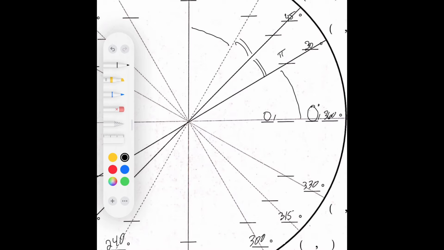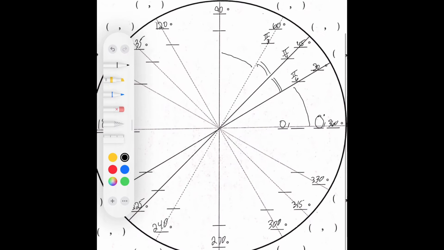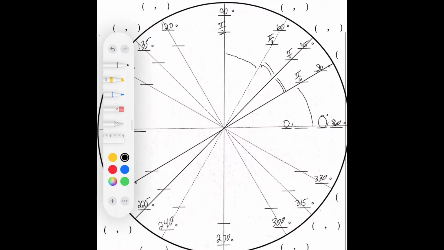Every 45 degrees you go is a 1/4 of a pi, so pi over 4. Every 60 degrees you go is a 1/3 of a pi, so pi over 3. And every 90 degrees you go is a 1/2 a pi, or pi over 2.